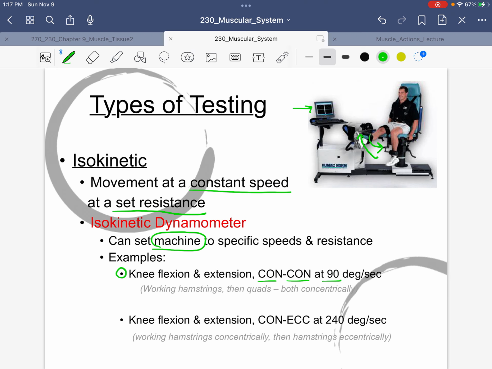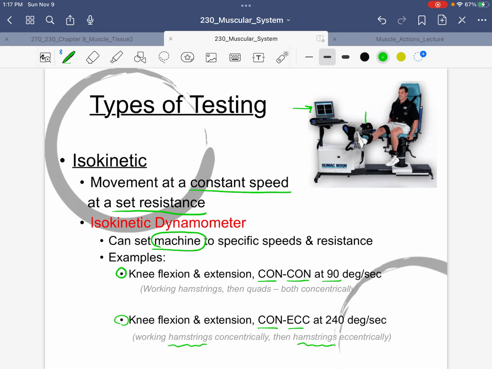It could be at a slow speed, 90 degrees per second, or a fast speed, 240 degrees per second. Or you can set it to be eccentric also. Maybe instead of that, I want to do concentric, eccentric, which means I'm working the hamstrings both ways.